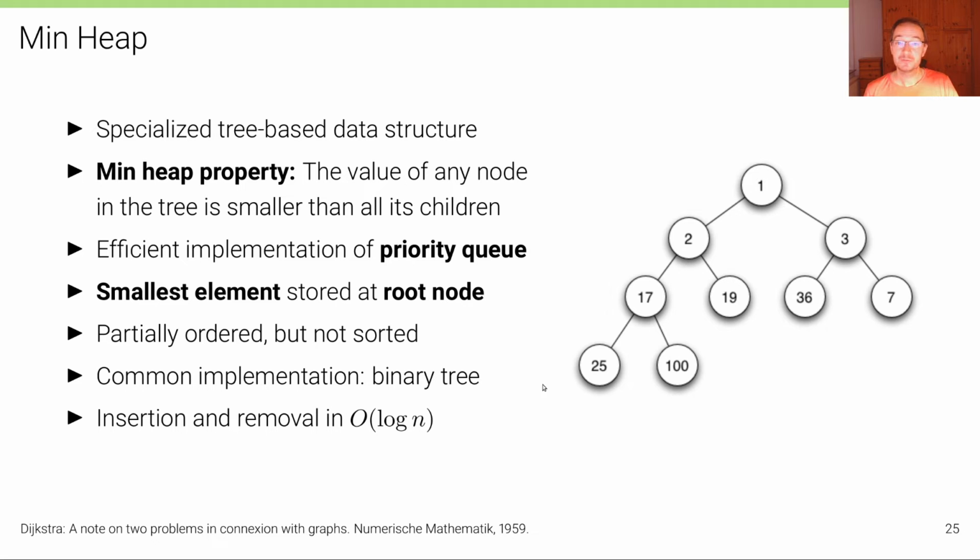The common implementation for this data structure is a binary tree. And the nice thing about this data structure is that inserting an element into that min heap or removing the first priority element, the smallest element, has log n complexity. So it's rather efficient.